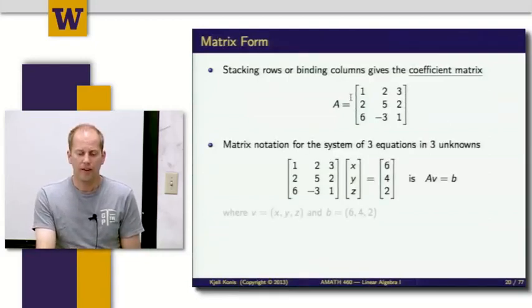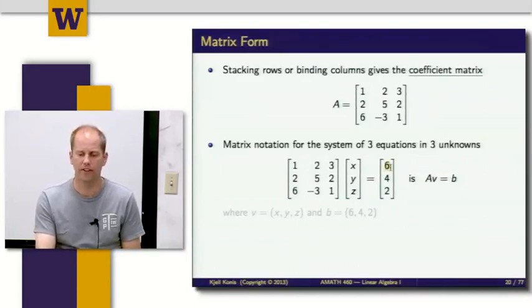So if A is my coefficient matrix, then I can write my system of 3 equations and 3 unknowns like this. I have the coefficient matrix times a vector of unknowns, and that's going to equal a vector of the right-hand side. These were equations like ax plus by plus cz equals d.